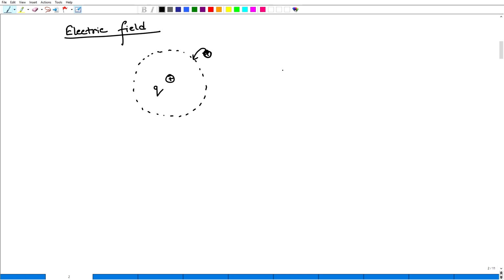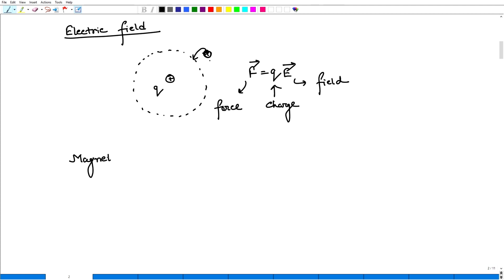This electric field is denoted by E, and F is Q times E, where Q is the charge of that particle, E is the electric field and F is the electric force. Similarly, there is also a magnetic field. If we consider a magnet, there is a north pole and a south pole.